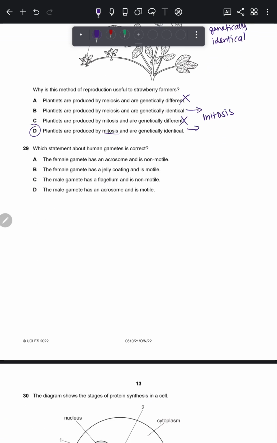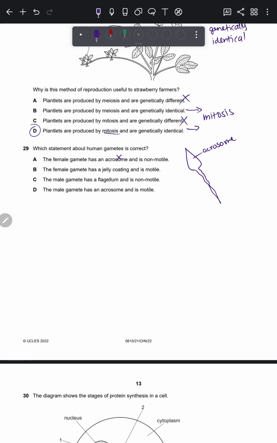Okay, 29. Which statement about human gametes is correct? Female gamete has an acrosome? No. So we have our sperm. Cannot draw today. This is the acrosome of the sperm, which is filled with enzymes, and the egg is non-motile. Yes, the egg cannot move.